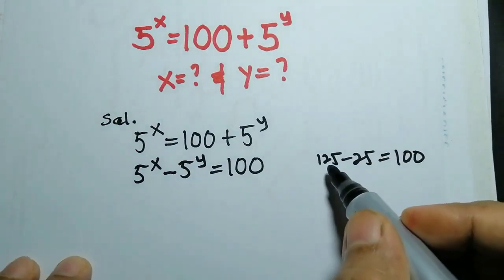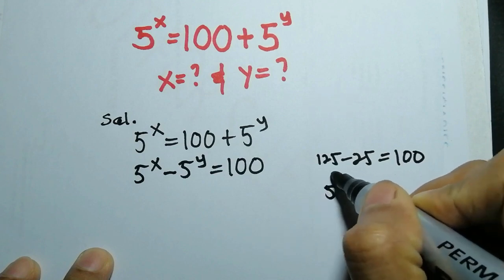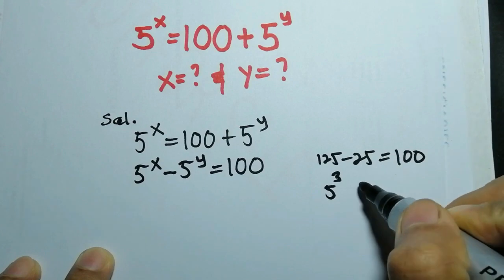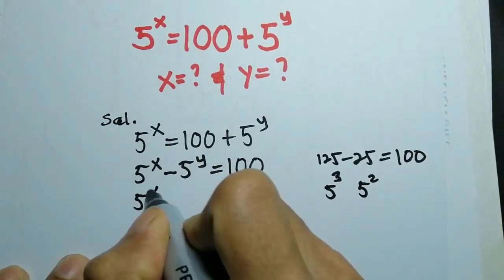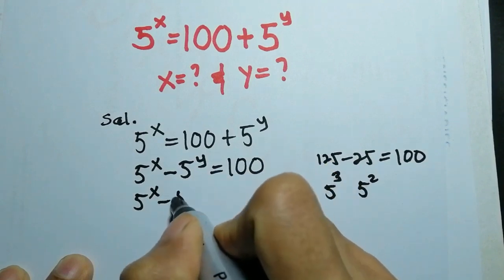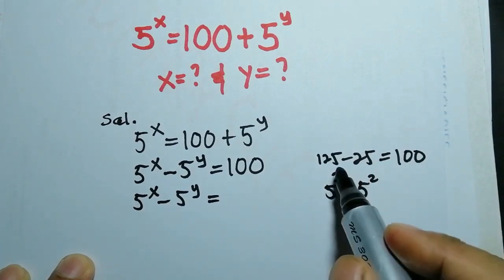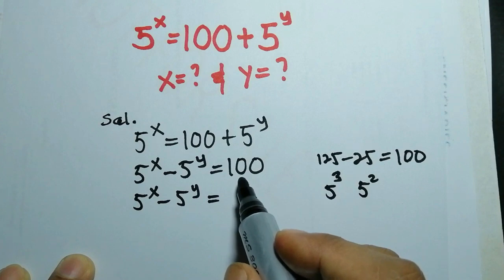Then this 125 we are going to write as 5 raised to 3, and the 25 is the same as 5 raised to 2. Now 5 to the power of x minus 5 to the power of y is equal to 125 minus 25, the same as 100.